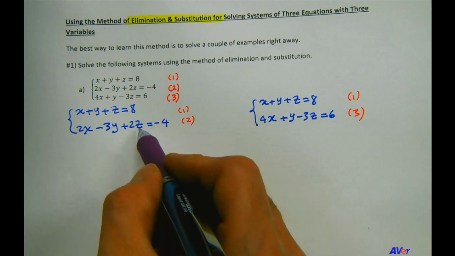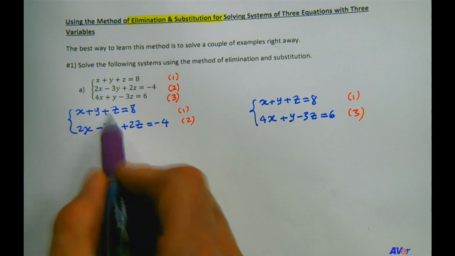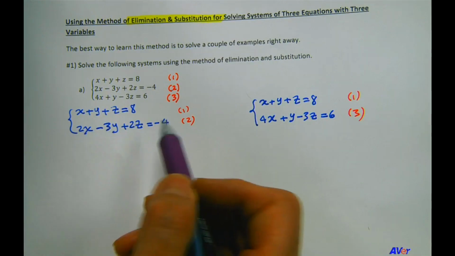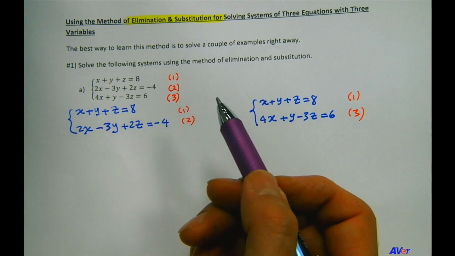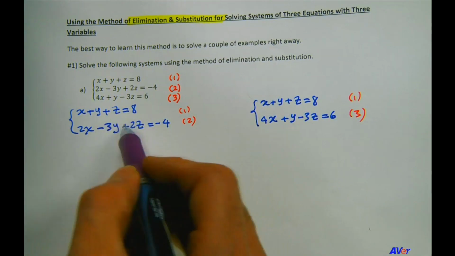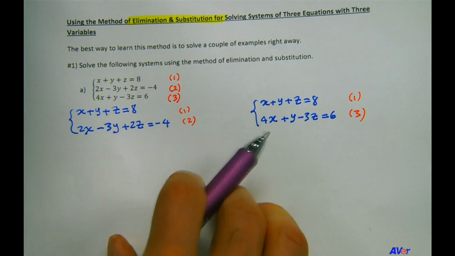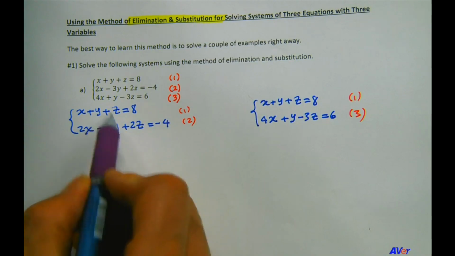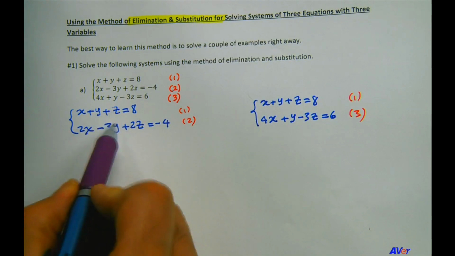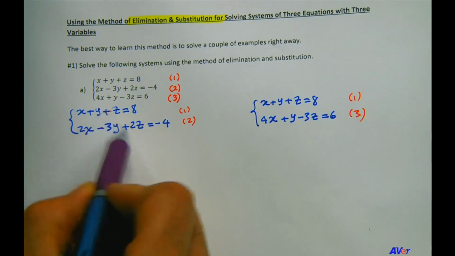So now, I'm looking at these, and all these variables have easy coefficients to work with. Let's eliminate the variable z from this one. Right? Now I have a choice, and I'm making that choice to eliminate variable z. In doing that, I have to make sure that the variable z has coefficients that are equal but opposite in sign.